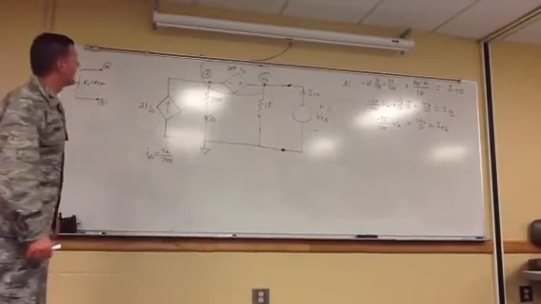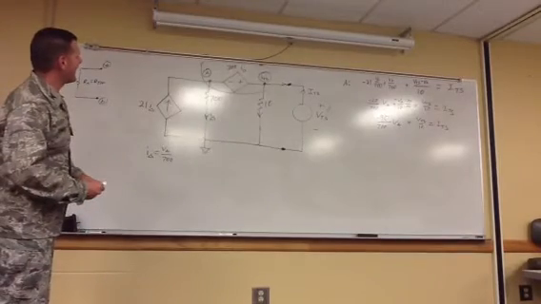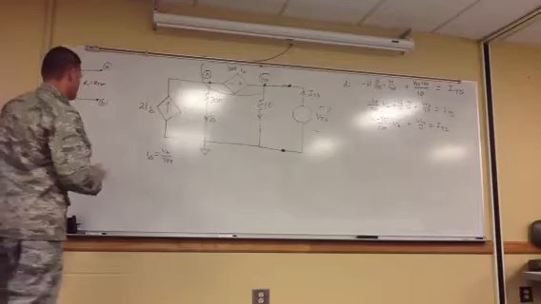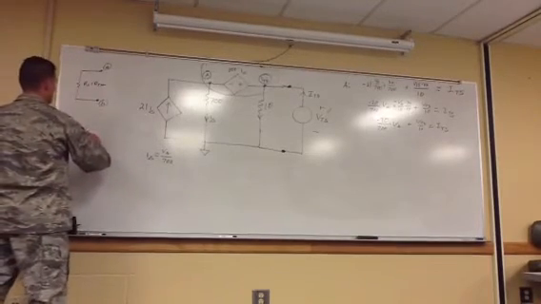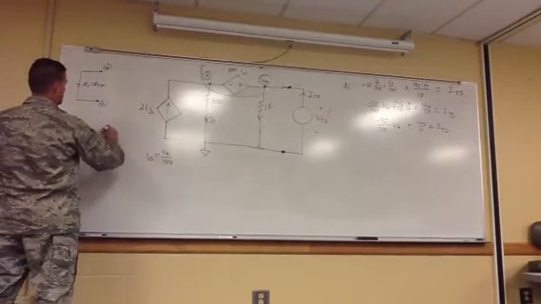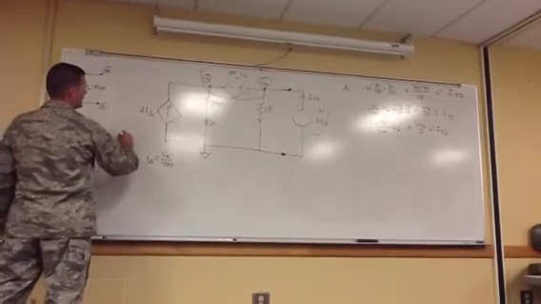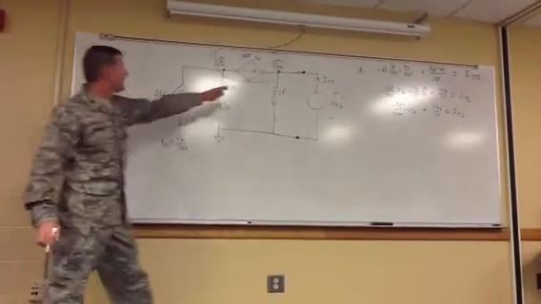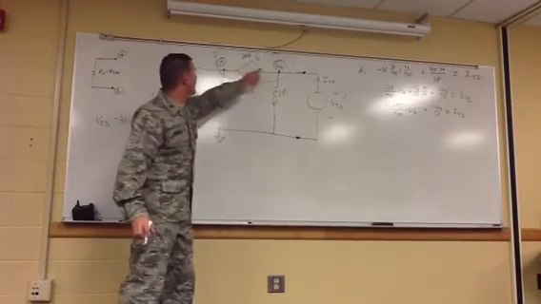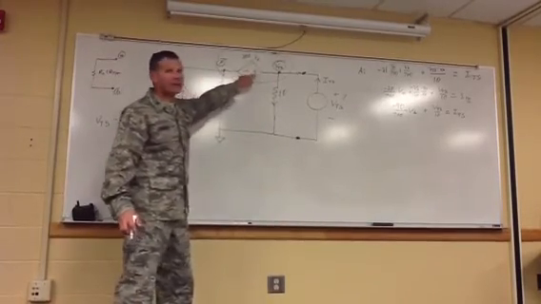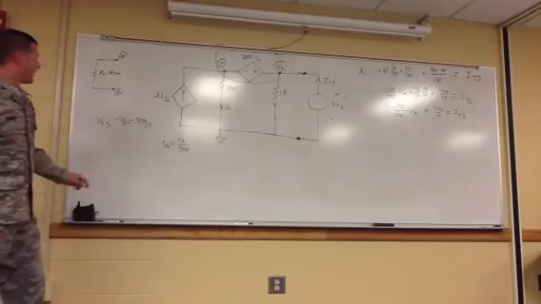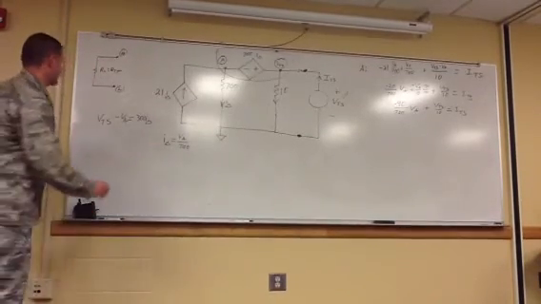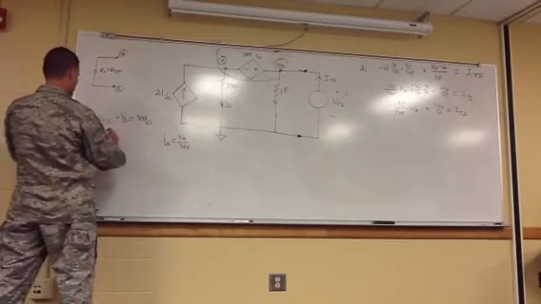So VTS minus VA is going to equal 300 times I delta. My I delta equals VA over 700. Okay, so let's plug in here.